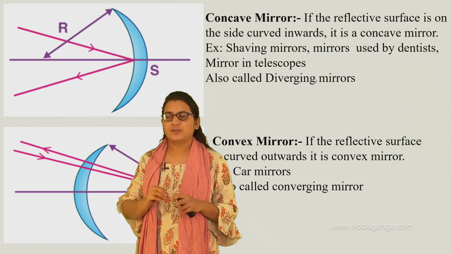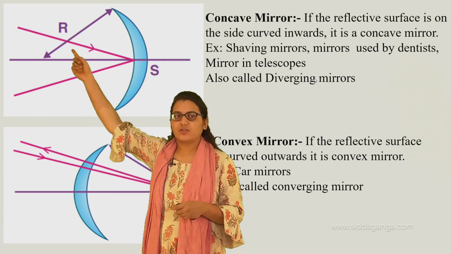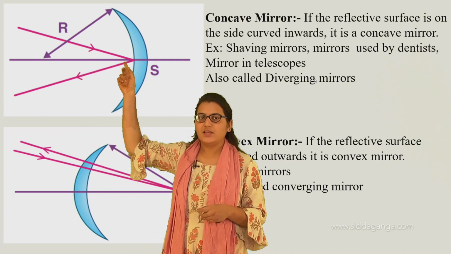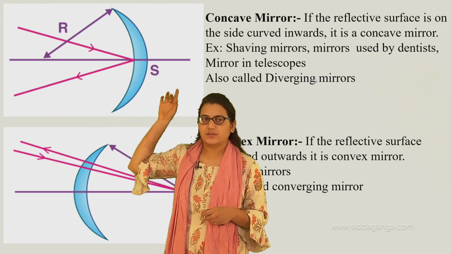Diverges means it splits, it divides. This is the direction of the light falling on this reflecting surface. Now after it reaches the surface, it diverges. So that is a diverging mirror.